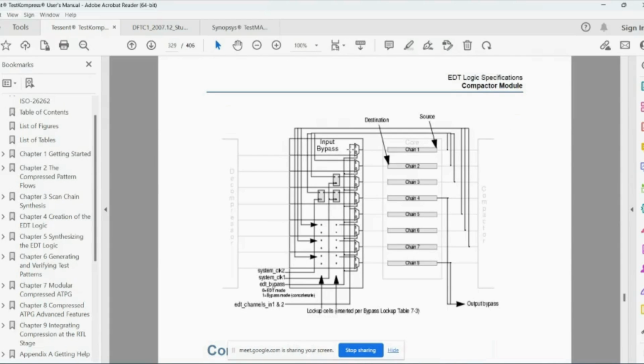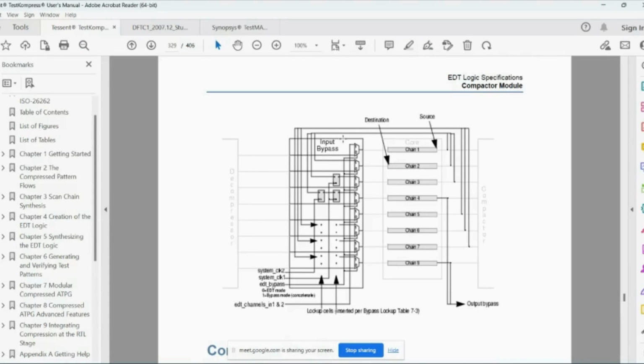We are trying to stitch the compressor chains back into a single chain, the original chain. For that, you need to understand how many subchains we have made. Each mux, this diagram is very clear. If you understand this diagram, you will understand each and every path.